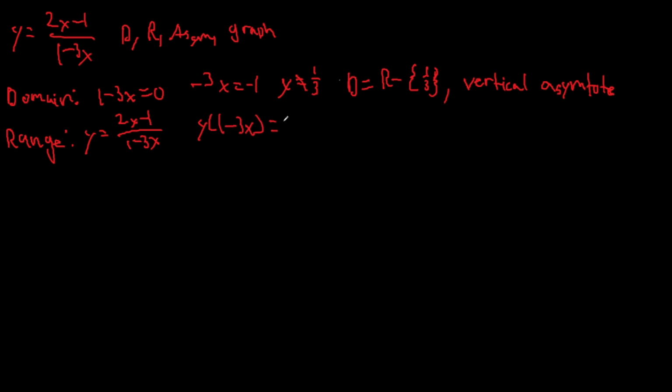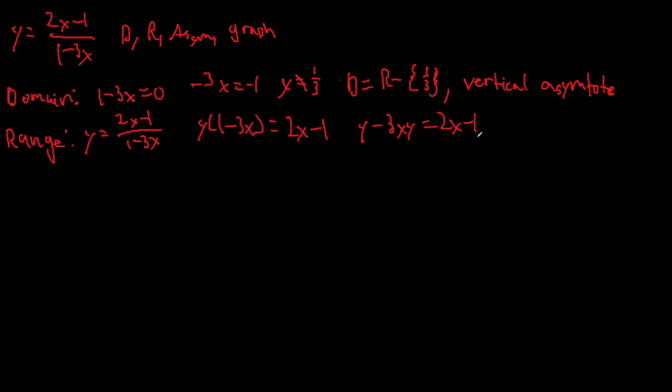So we'll have y times (1 minus 3x) equals 2x minus 1. And now we want to expand out the left side, so we're going to have y minus 3xy equals 2x minus 1. Third step, get all the x's to one side.